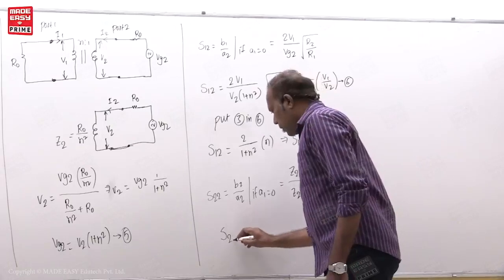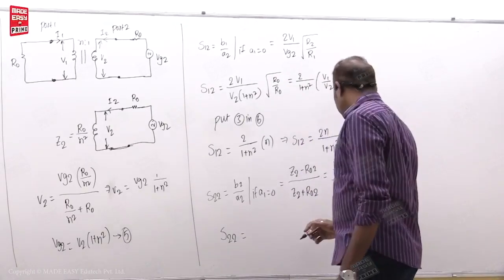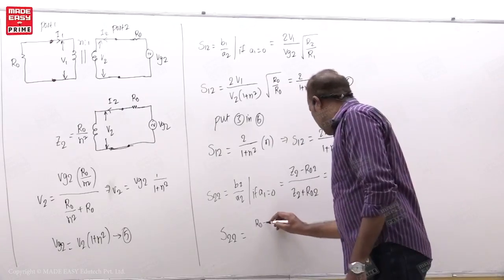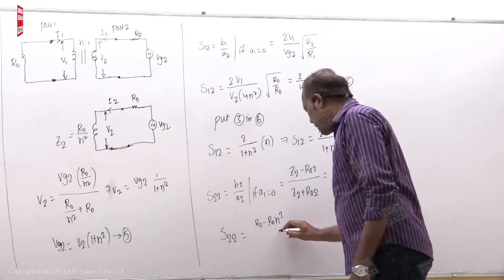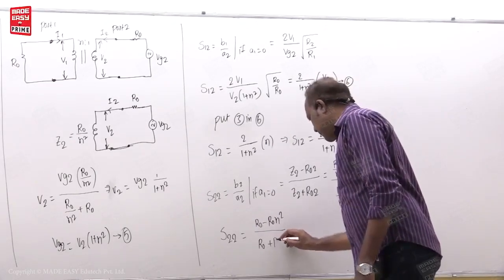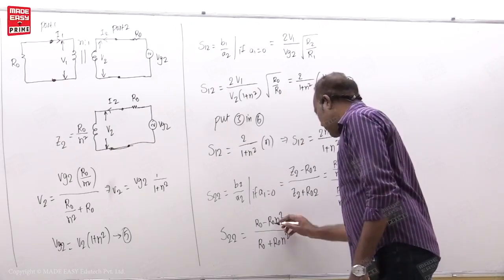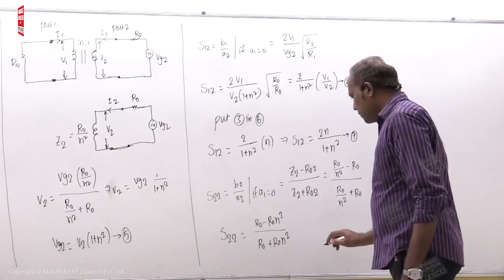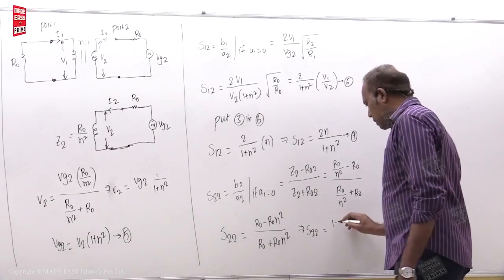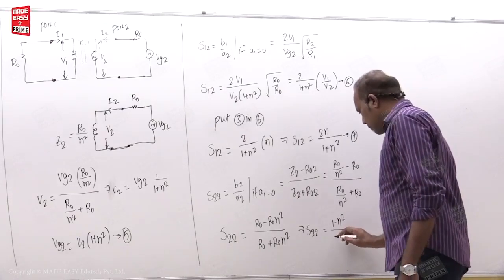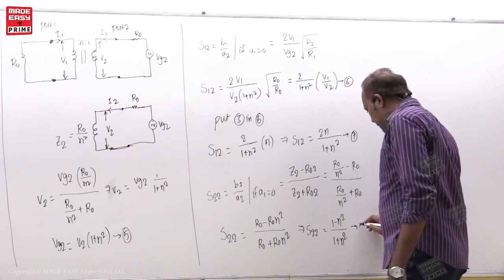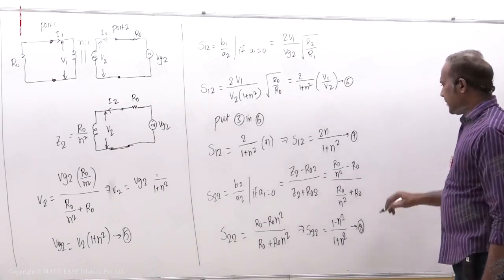So now S22 is equal to R0 minus R0 n square divided by R0 plus R0 n square. The denominator n square cancels. So S22 is equal to 1 minus n square over 1 plus n square. So equation number 8, students.